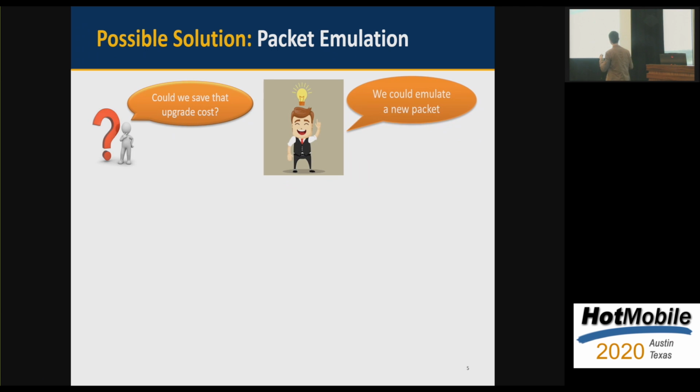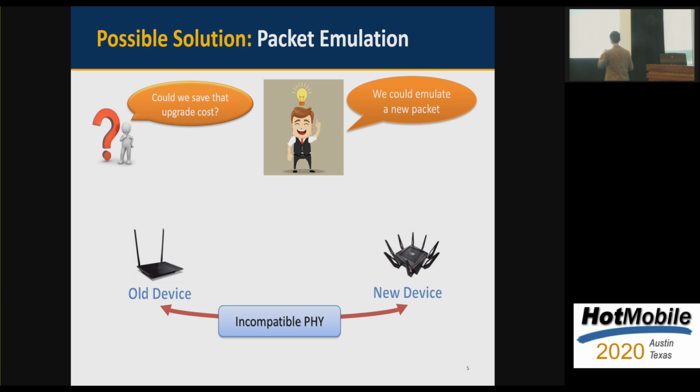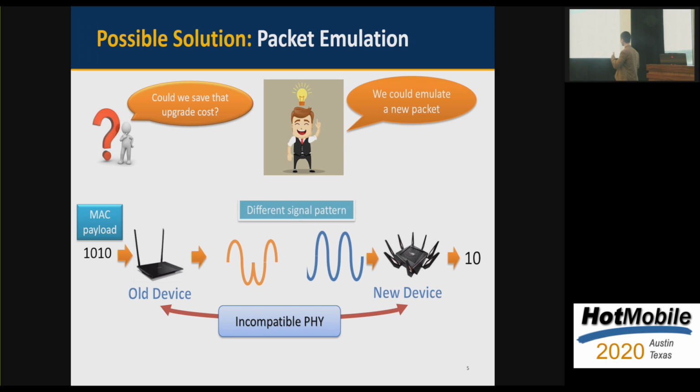Right here, could we use the old devices to emulate the new signal so that the new devices can successfully receive and decode it? There's a possibility. Given a scenario where the old and new devices have completely incompatible physical layers, before, because the signal pattern is completely different, the new device cannot recognize the signal from the old device, and either it has to drop the frame or it has a large amount of decode errors.